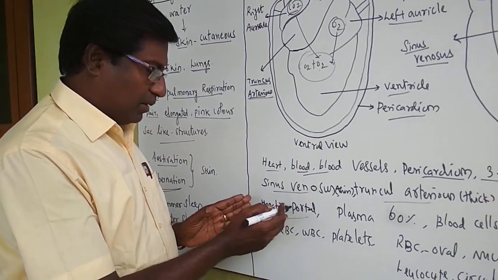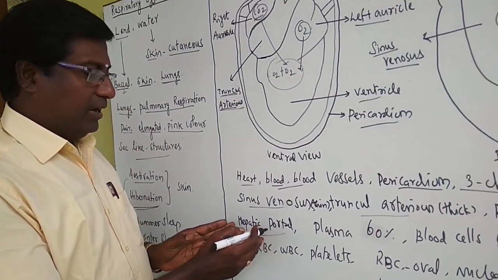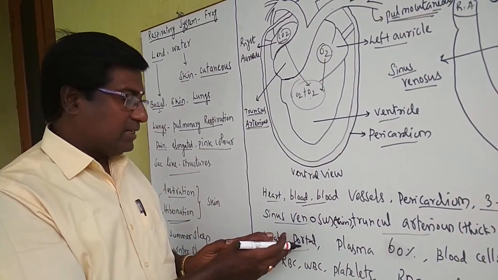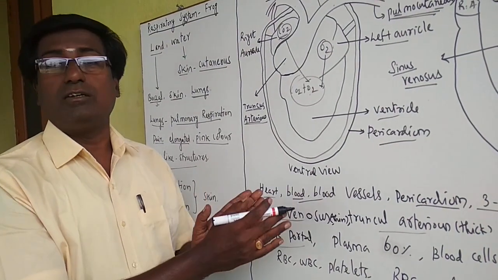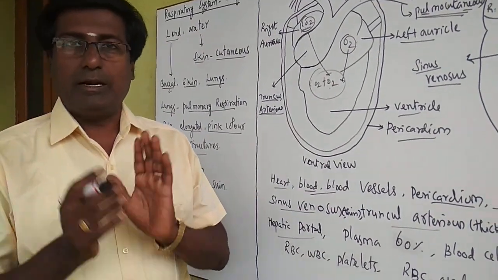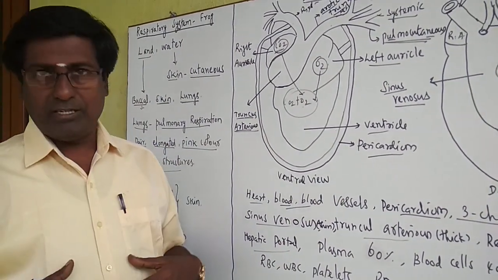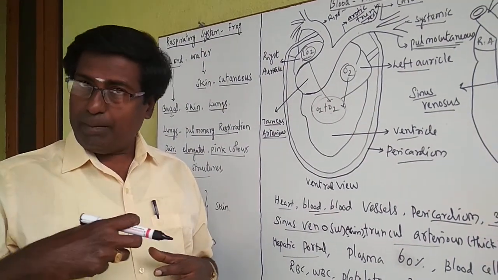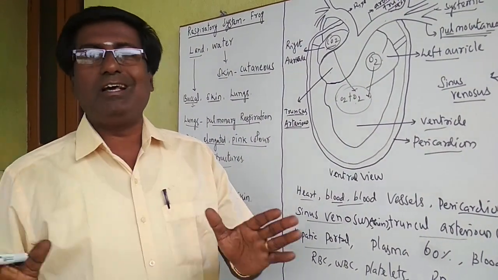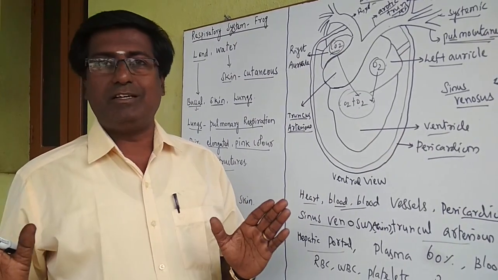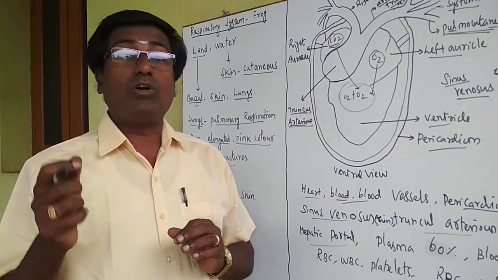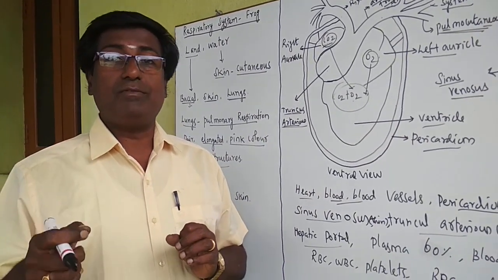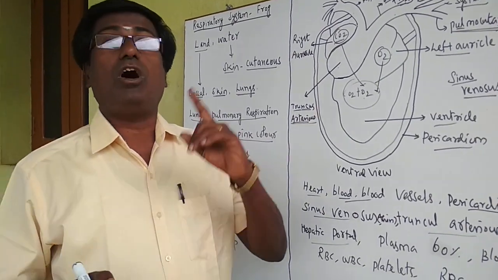The food material from the liver goes to the heart by the hepatic portal vein. That means the food digested in the intestine comes to the liver, which filters the food and removes all toxic wastes. Then the portal system, called the hepatic portal system, carries this blood to the heart.